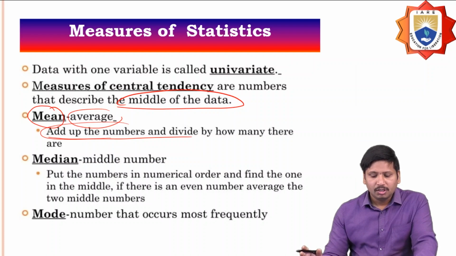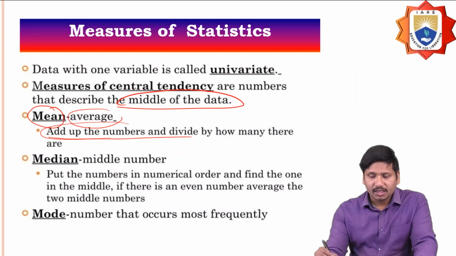If there is an even count of numbers, the average of the two middle numbers is the median. And the mode is another kind of measure: it is the number that occurs most frequently. Among a list of numbers, the number that occurs most frequently is treated as the mode.